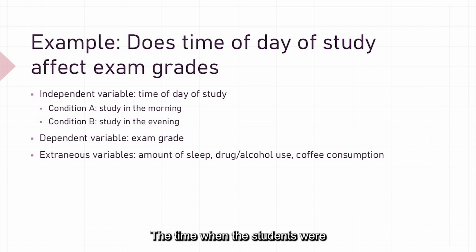The times when the students were studying are conditions. So in our study, we have 3 conditions: studying in the morning, studying during the daytime, and studying in the evening. As a dependent variable, we can choose students' grades in a standardized test.